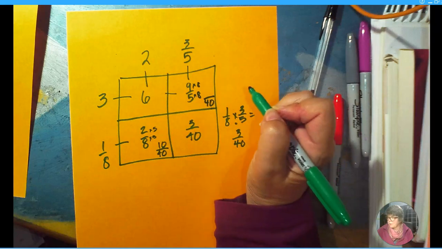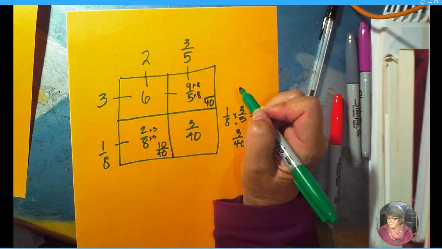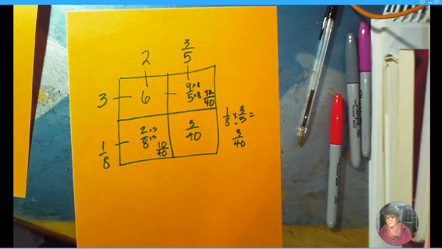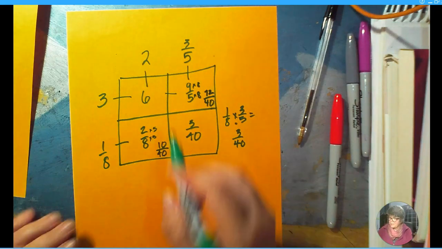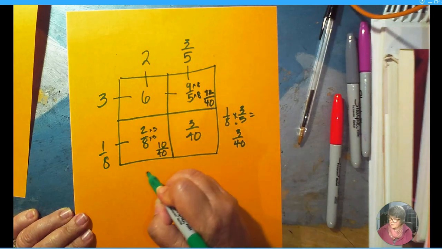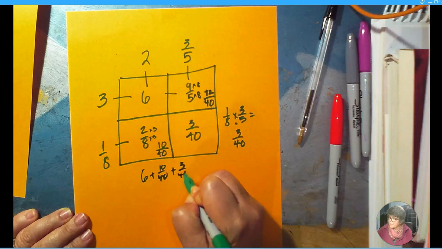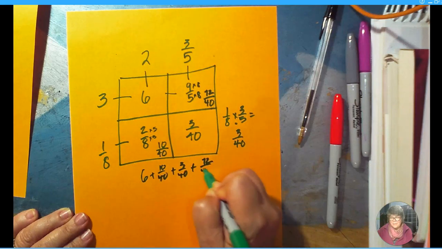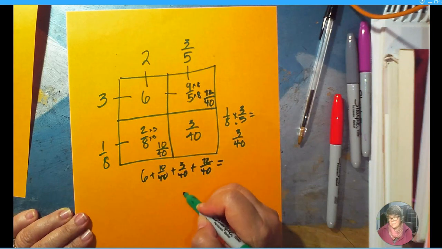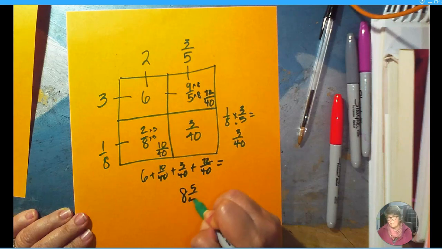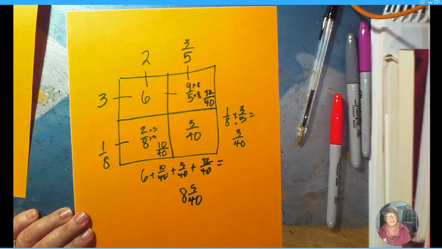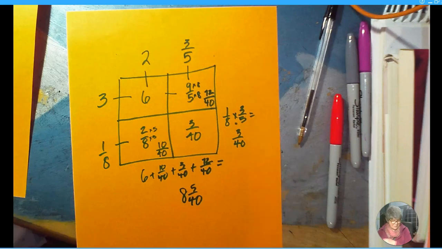Thinking about what I did in the other problem too, right? Okay, and then they all add up together. 6 plus 10/40ths plus 3/40ths plus 72/40ths, and I know it's going to add up to 8 and 5/40ths. Okay, I hope that's helping you.